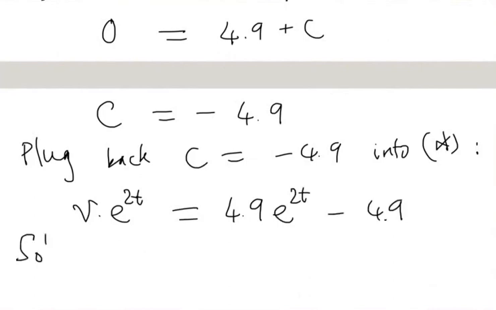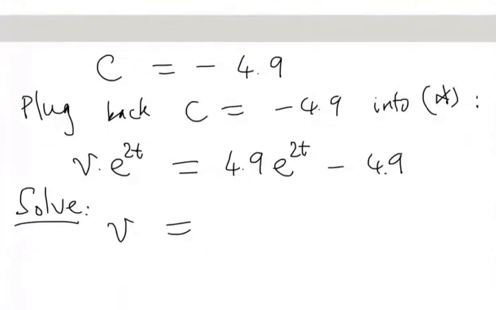Now we need to solve for v because that's what the problem asked for. The problem asked for v. Divide both sides by e to the 2t.